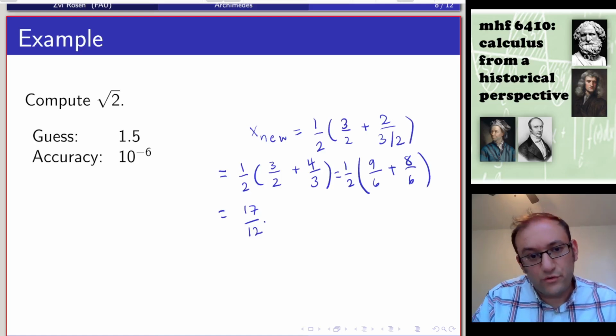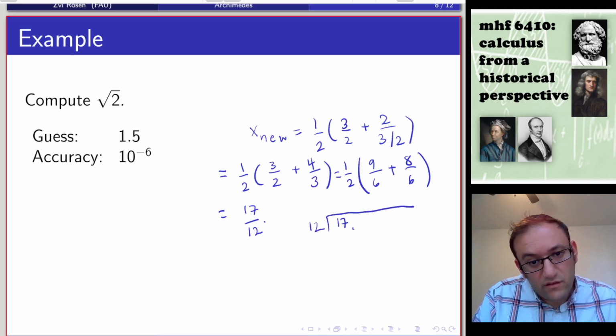Let's try to get a few decimal places in the expansion of 17/12. We have 17 divided by 12, and we'll take a few places here. So first, 12 goes into 17 once. Get a difference of 5. Into 50, 12 goes 4 times.